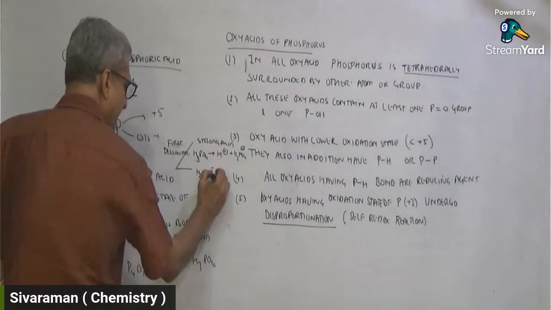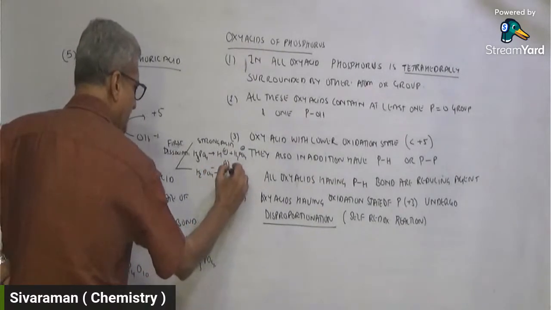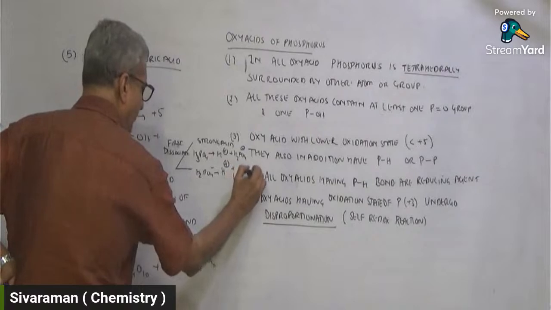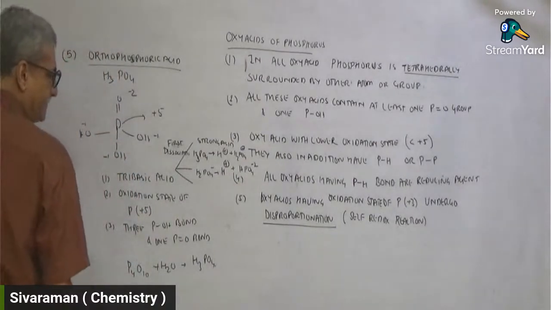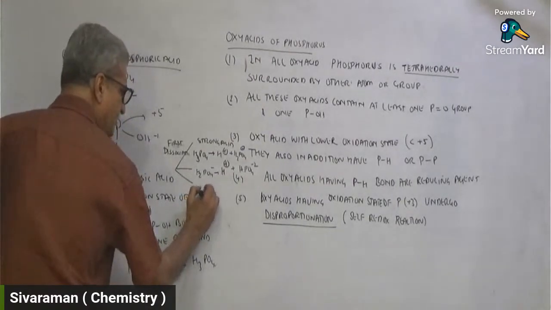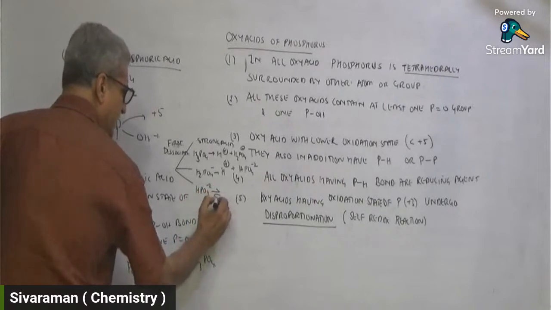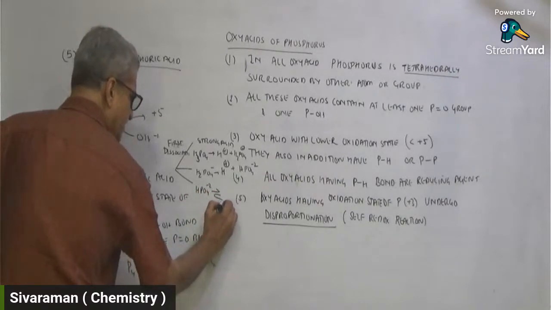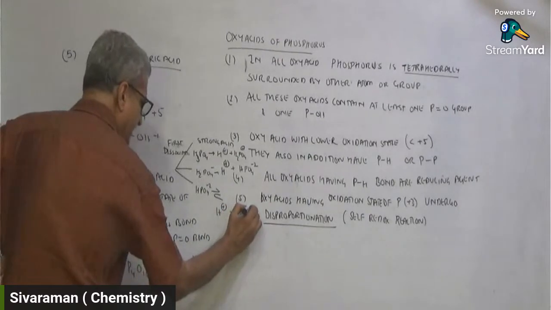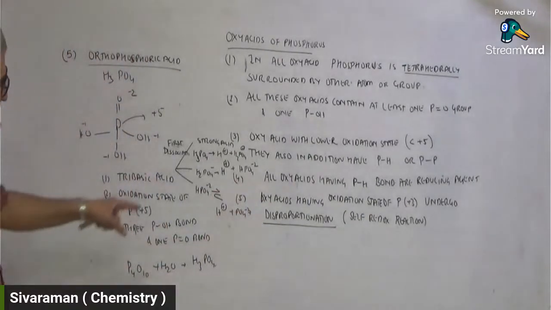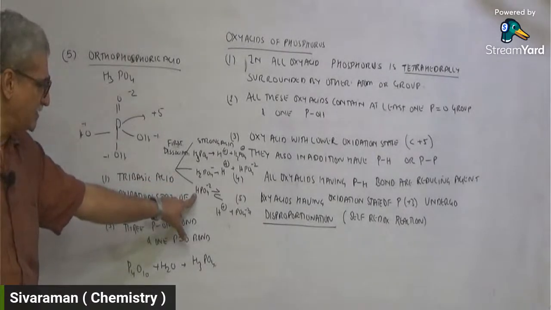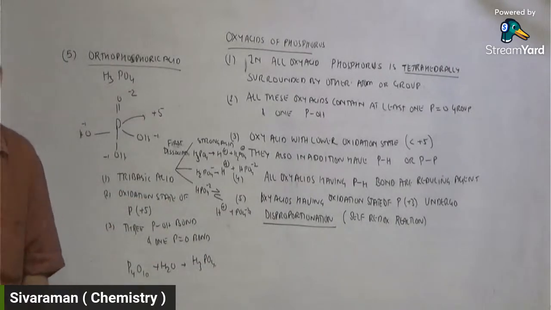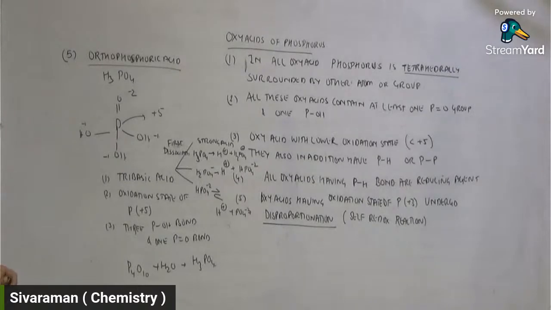H2PO4 minus dissociates to form H+ plus HPO4 2 minus. But then the third dissociation, HPO4 2 minus, is a weak acid. It forms H+ plus PO4 3 minus. So for the first two dissociations, it behaves like a strong acid. For the third dissociation, it behaves like a weak acid.